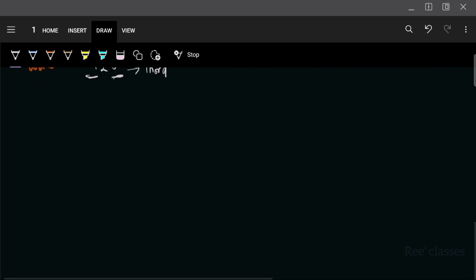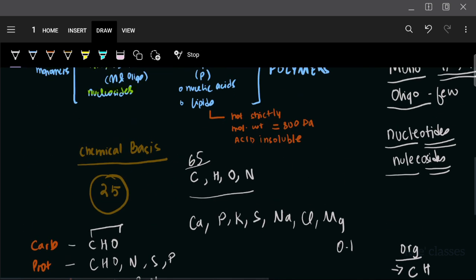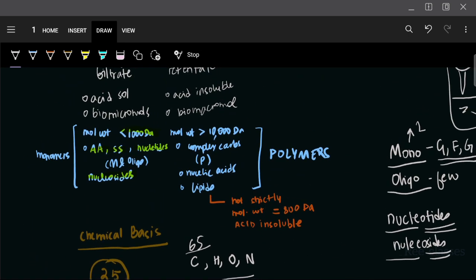So we've already discussed macromolecules, right? What were the differences? Except the molecular weight, you can tell it's going to be small sized. It has a low molecular weight. This is large, high molecular weight. This is acid soluble, acid insoluble.